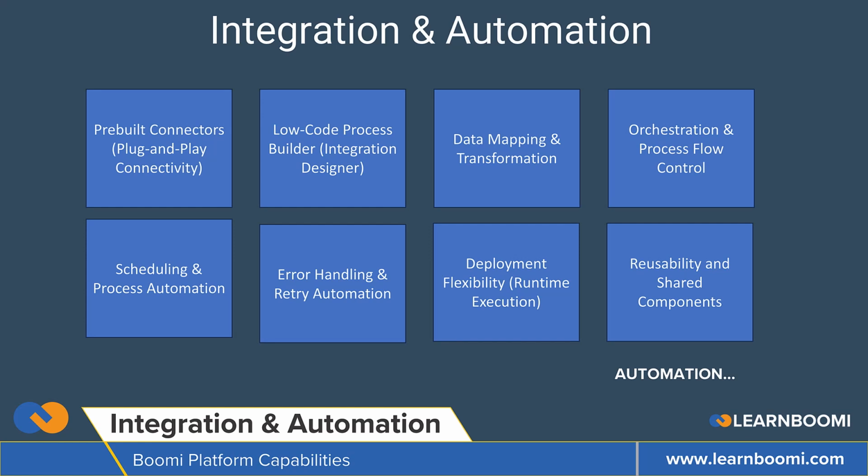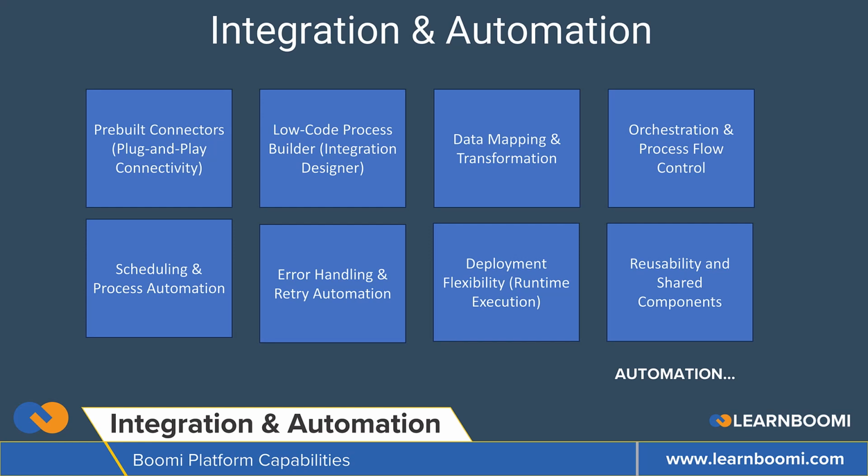So this turns Boomi from just a connector into a complete orchestration engine, enabling automated business flows which run end to end. An example could be, you read customer data from CRM, validate the fields, transform to ERP compliant format, create a customer record in ERP, log the transaction, notify someone if something fails, all automation inside one integration.